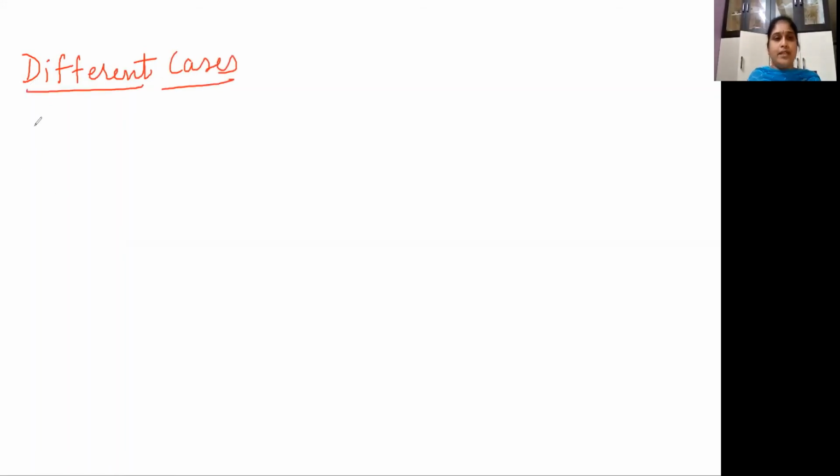So first case, we are considering a block on a surface. I'm just drawing a block here. Now M is the mass. So what are the different cases? First let me give the cases, then we will solve them.